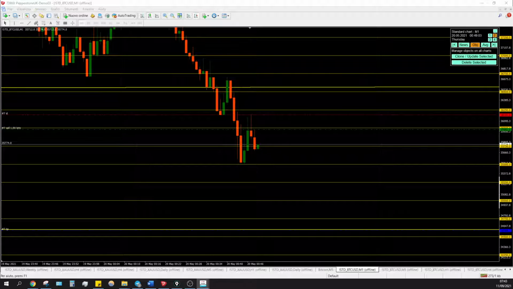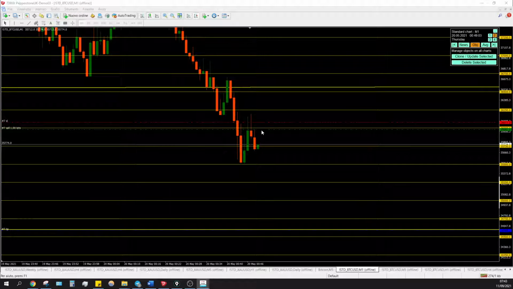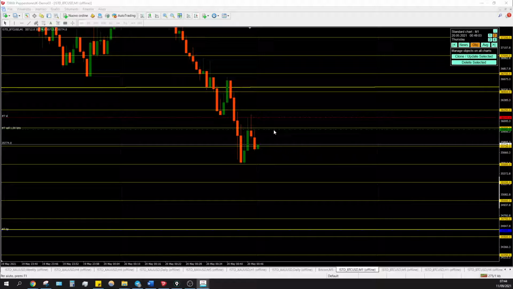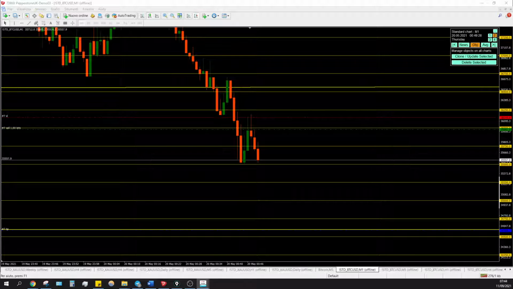Let me halve my risk to 10 pips. Actually, no. I want at least 15 because I don't want any wick to still take me out. Okay, we're going to take partials, break even.